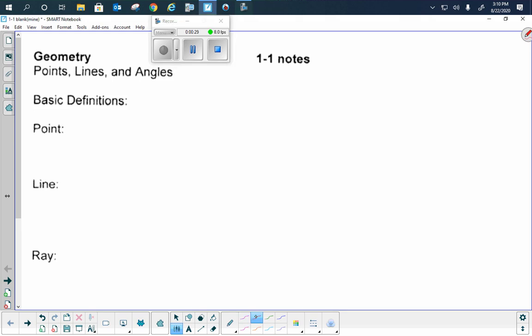All right, so a point, right? Just like we would normally think, if you just put a point on your paper, a point is used as a start or end to something. We also need to know that points are labeled with capital letters.